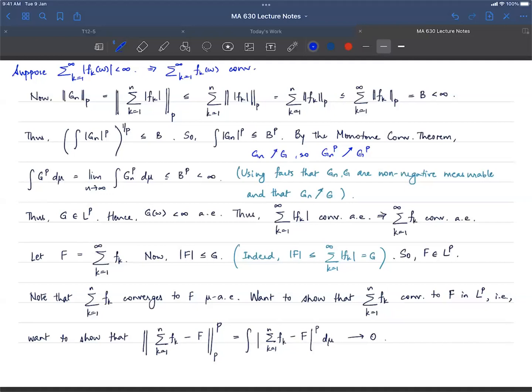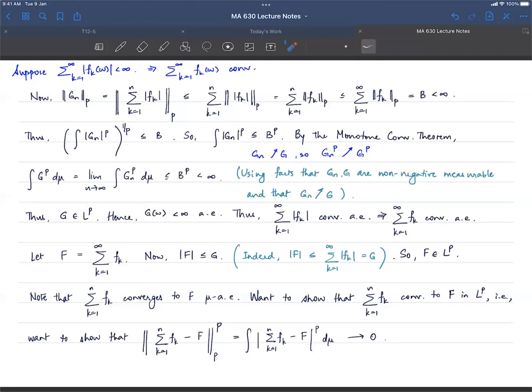Because as soon as you fix an omega, you're talking about a series of real numbers. Does that make sense? You're using absolute convergence implies convergence for real series. So this thing converges almost everywhere. Take an omega where this converges. Well, then for that omega, this has to converge because of the completeness of real numbers.